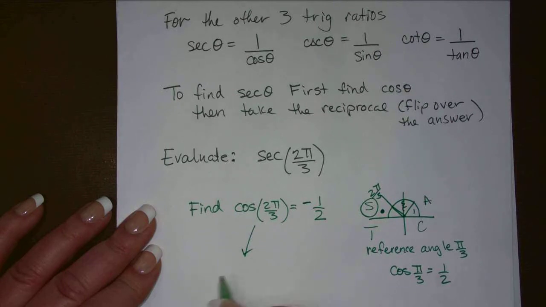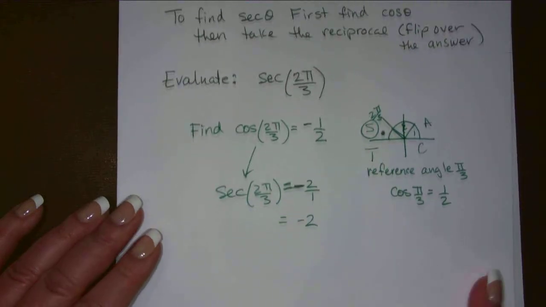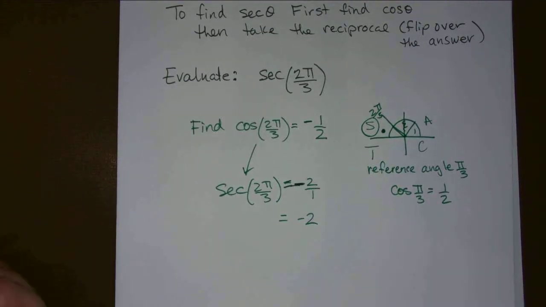So then, if we know cos of 2 pi over 3 is negative 1/2, then secant is, flip it over, negative, you don't change the sign. Negative 2 over 1 or just negative 2? Same sign, it's just the reciprocal, not the negative reciprocal.